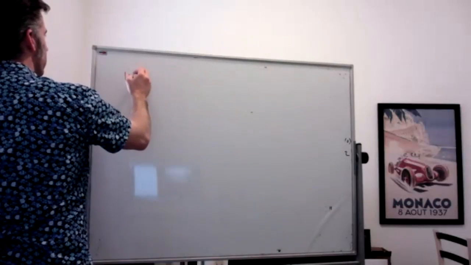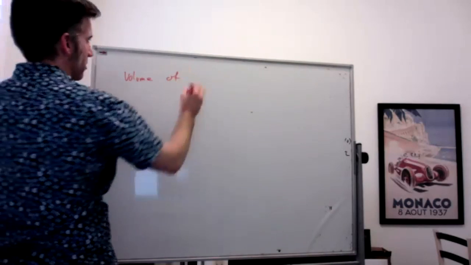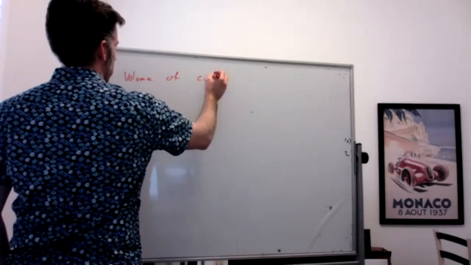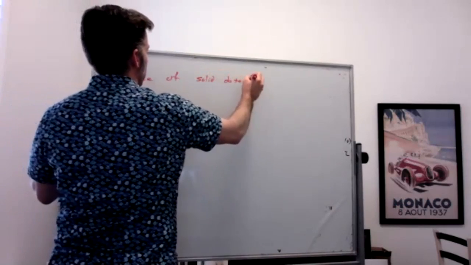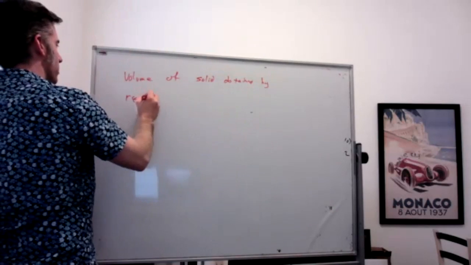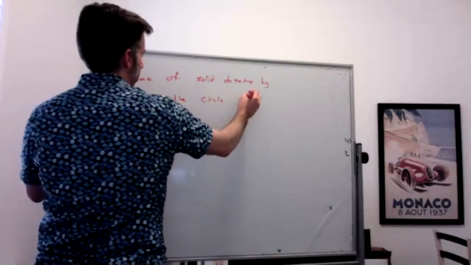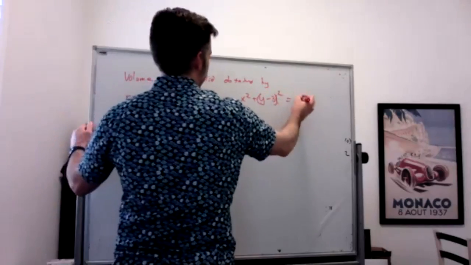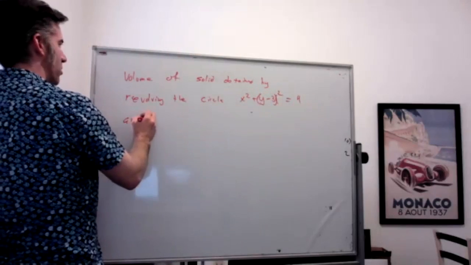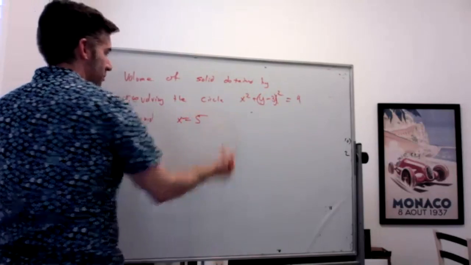What's the volume of the solid obtained by revolving the circle x squared plus (y minus 3) squared equals 4 around, I don't know, let's make it stupid, the line x equals 5.